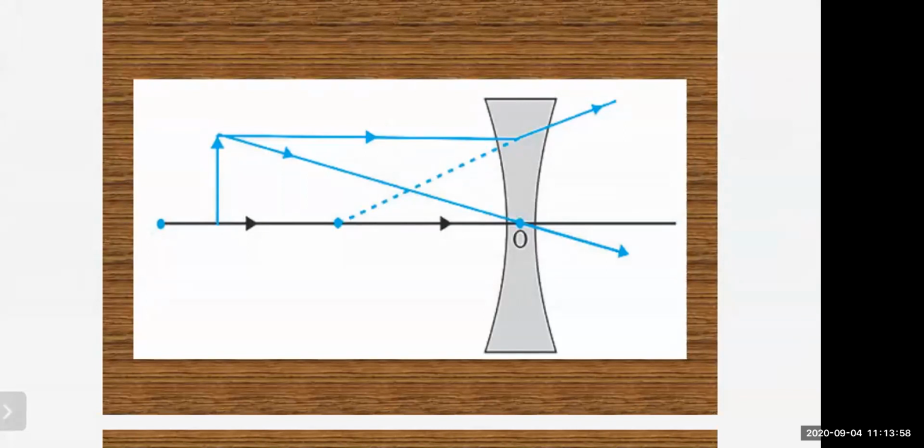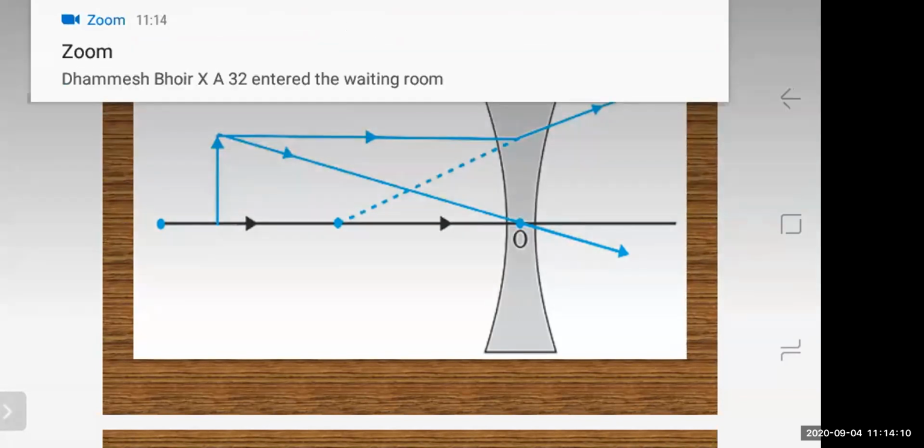Okay, so you can look at the Cartesian sign convention given on page number 84, where you can see how the sign conventions are. The direction of the incident ray is shown, height above is positive and height below is negative.